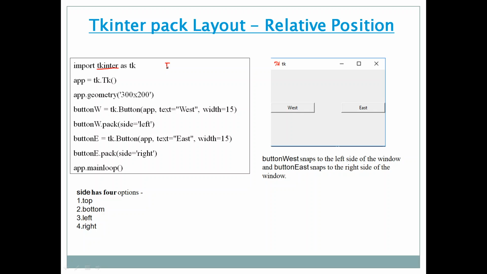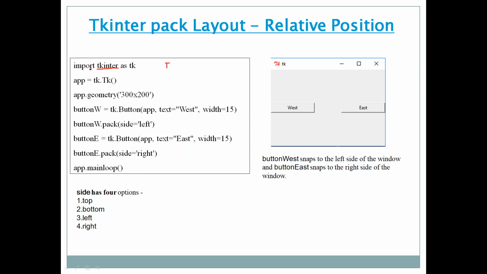When you go for the latest version, which is 3.x and above, the module name has been changed. It is tkinter in small letters. T is not capital in version 3.x, remember it. If you are using lower versions like 2.x, then you have to always use T as capital in Tkinter, otherwise it will give you an error.